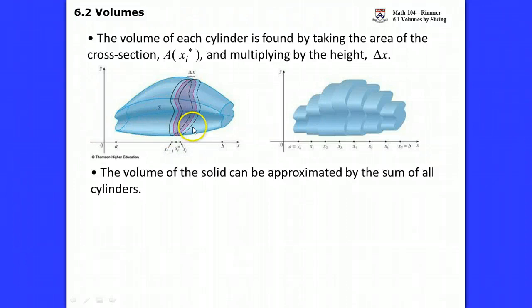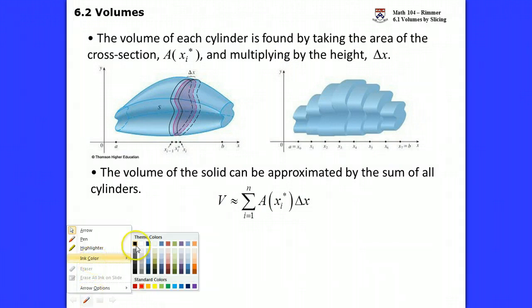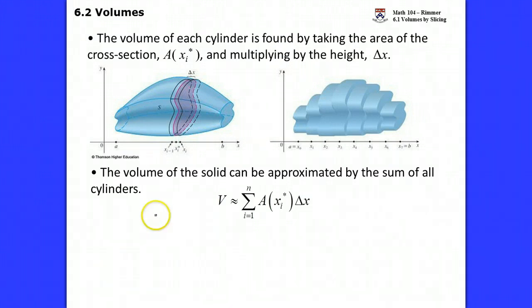So how can we represent this using calculus? Each individual piece has a volume of the area of the base times the height. When you find the volume of a cylinder, it's the area of the base times the height. Our base is this shape here, and it will be described by the formula A of x, in this case A of xi star, just for notation's sake.